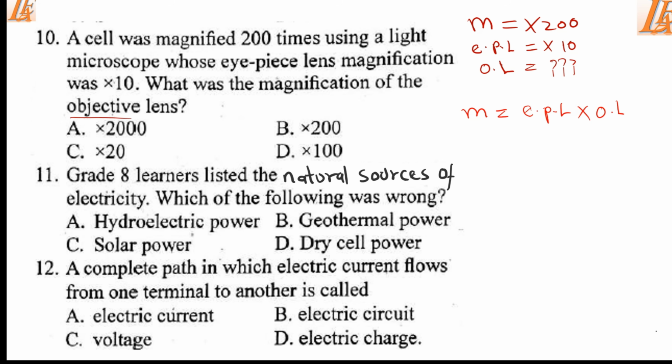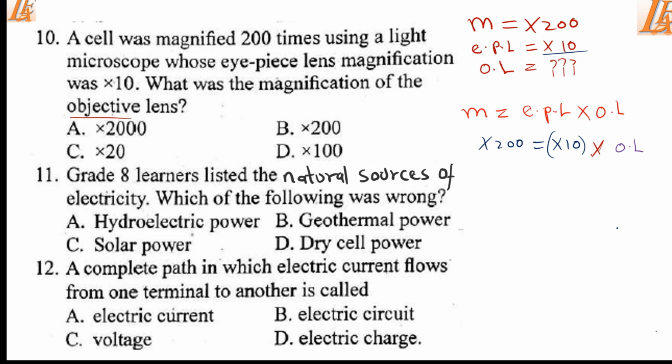So we have magnification as times 200, which is equal to eyepiece lens as times 10, and then we multiply by the objective lens, which we are looking for.